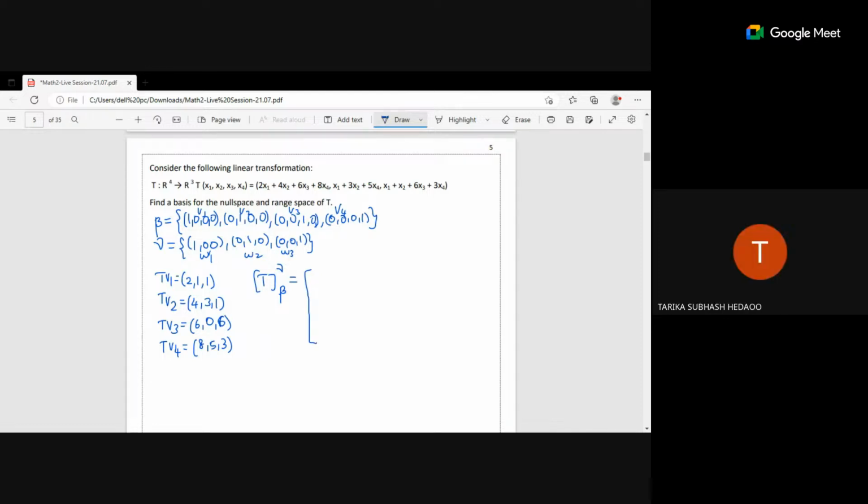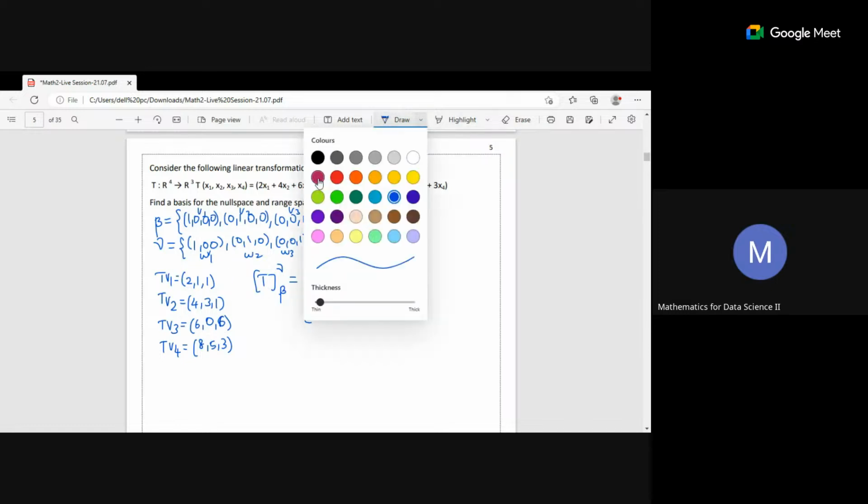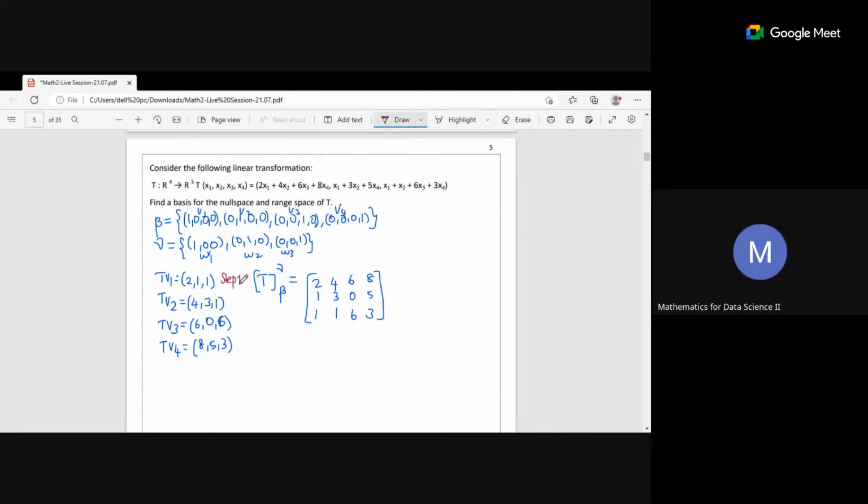The rows are 2, 4, 6, 8; 1, 3, 0, 5; and 1, 4, 6, 3. So this is your step 1: finding the matrix corresponding to the linear transformation.